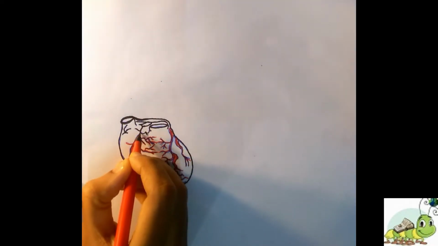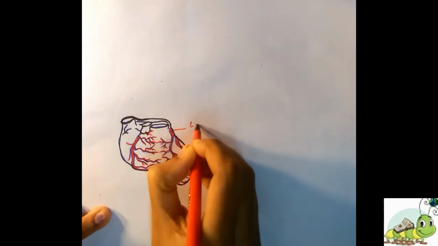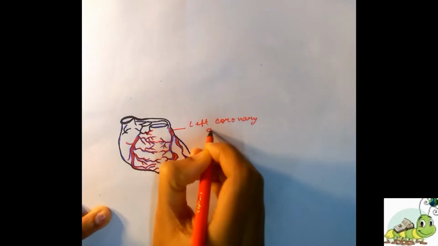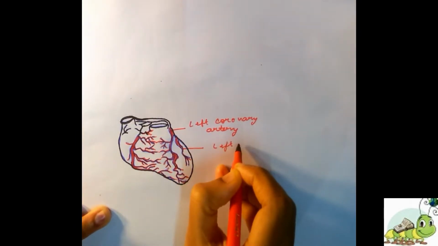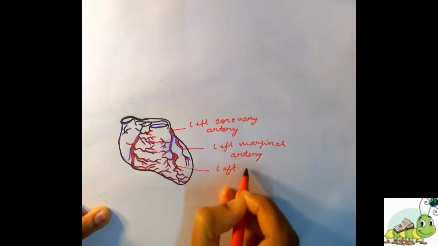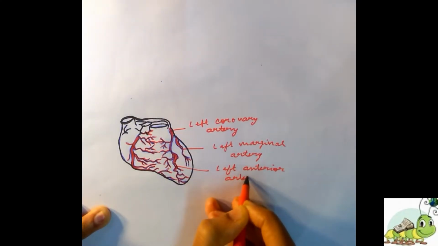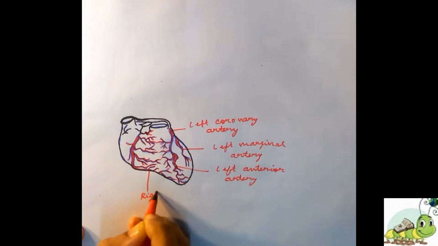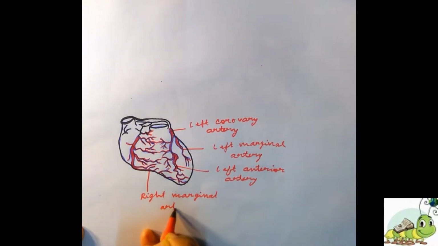The RCA passes to the right of the pulmonary trunk and runs along the coronary sulcus before branching. The right marginal artery arises from the RCA and moves along the right and inferior border of the heart towards the apex.